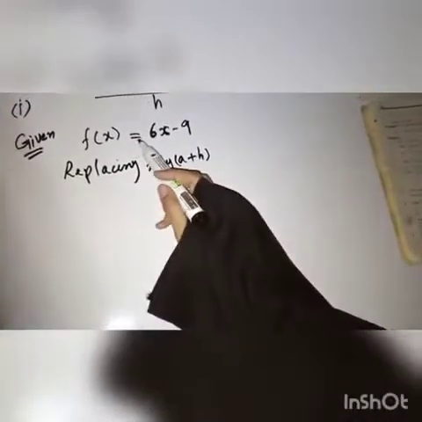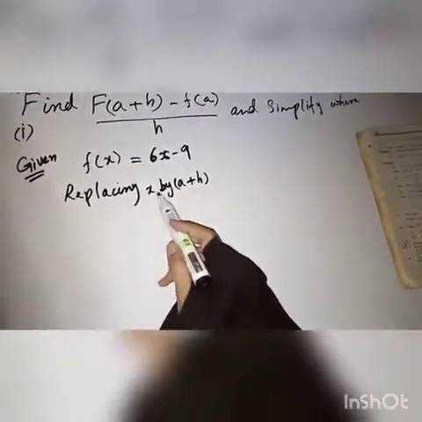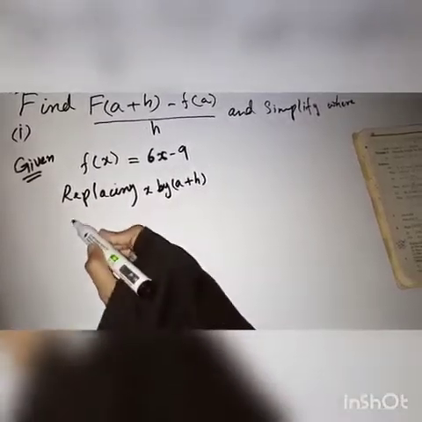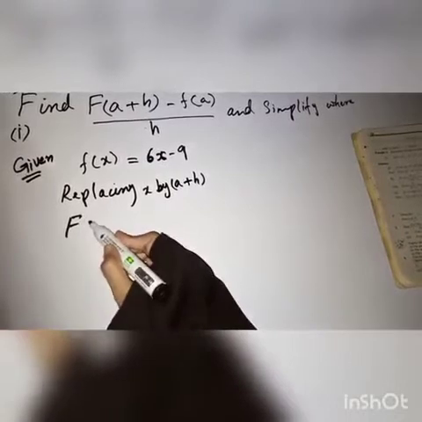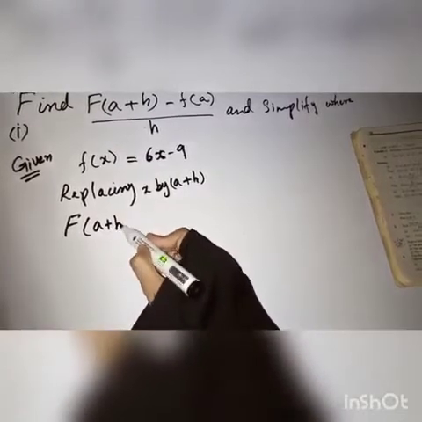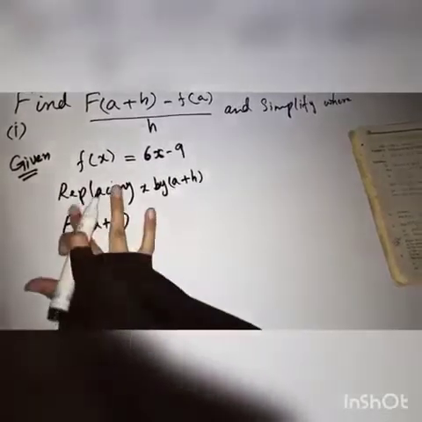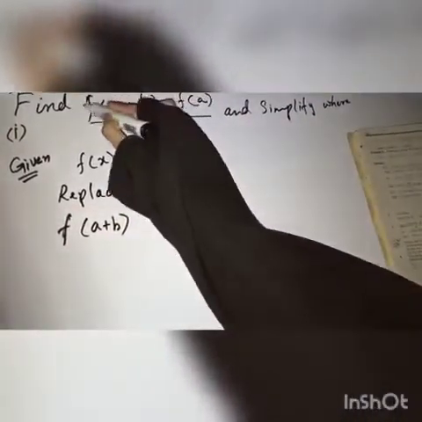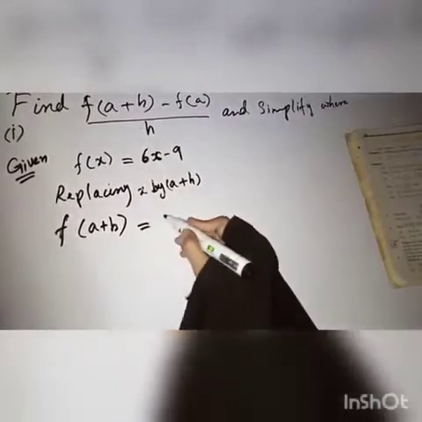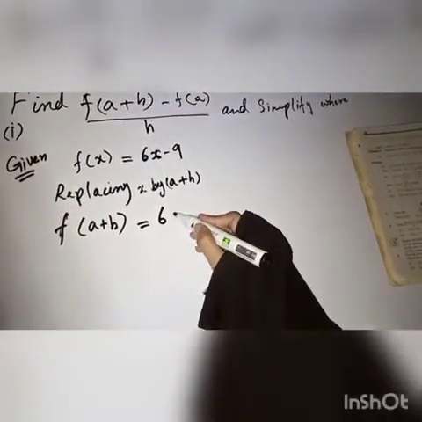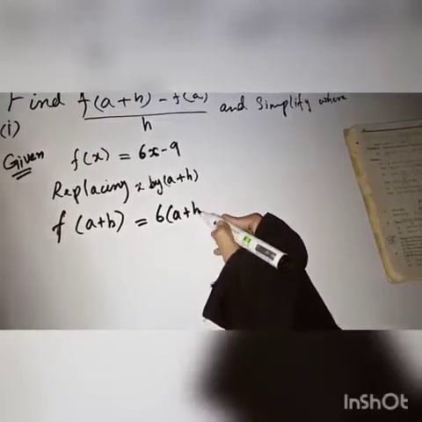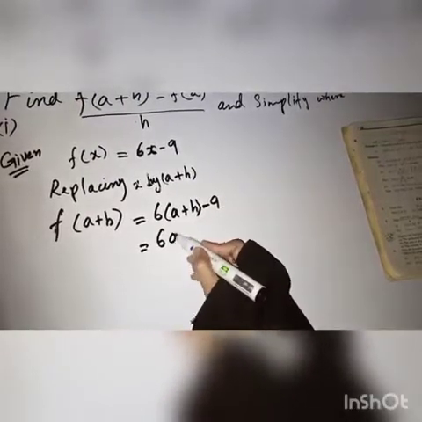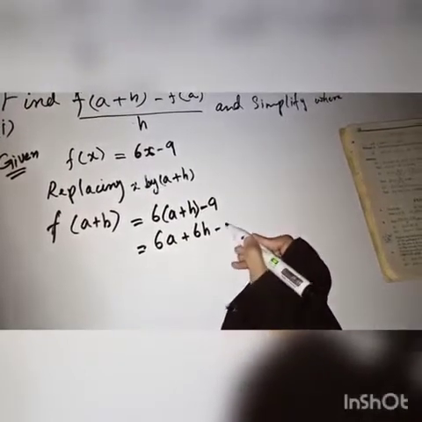As f of x is given 6x minus 9, replacing x by a plus h, f of a plus h is equal to 6 as it is, in place of x a plus h, minus 9. This becomes 6a plus 6h minus 9.